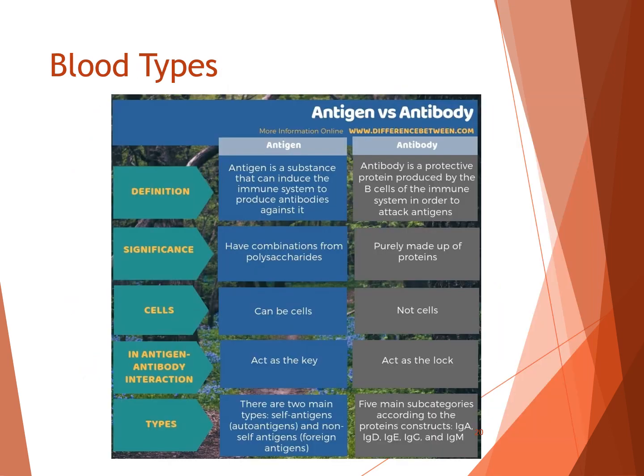So before we can really dive into talking about blood types, we need to understand the difference between antigens and antibodies. Now, antigens are substances that stimulate the body to make a substance called an antibody. Antigens are typically a substance that comes from the outside. The body doesn't make it necessarily.